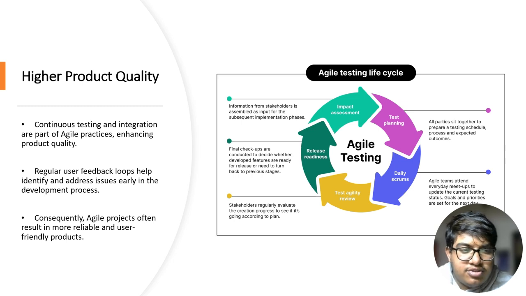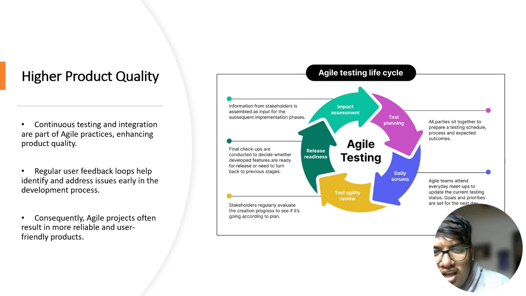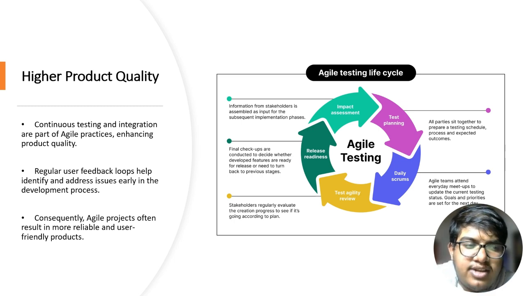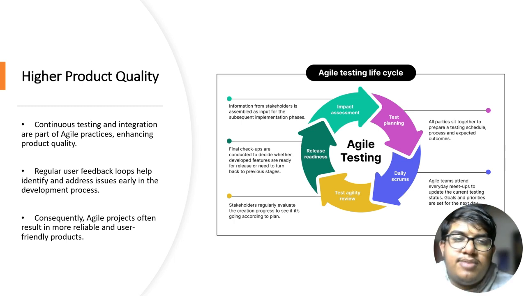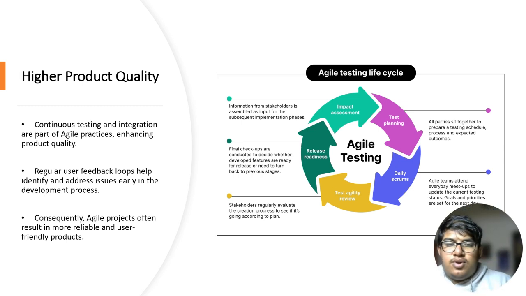This process is looped and keeps happening, which helps in identifying and addressing issues early in the development process itself. Agile projects often result in more reliable and user-friendly products. Here you can see in the image the agile testing life cycle, which helps generate high product quality.